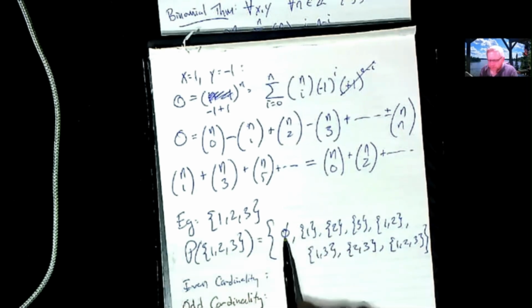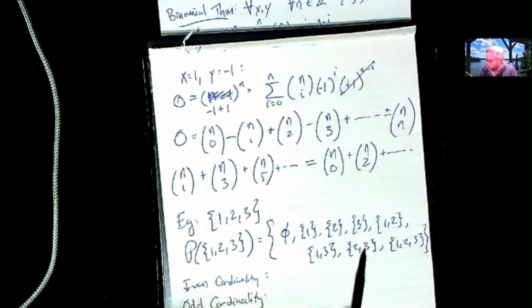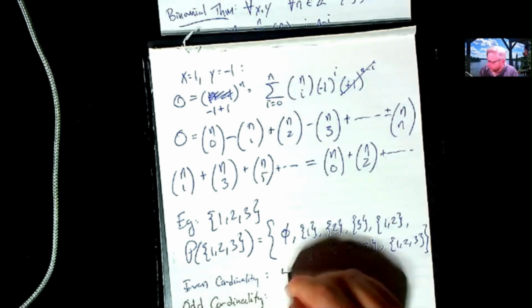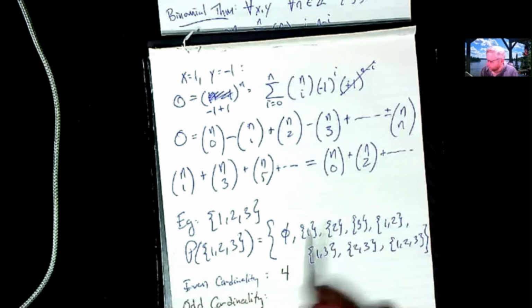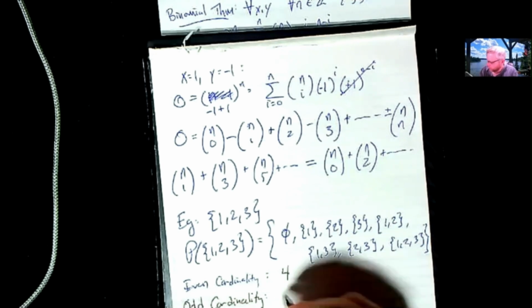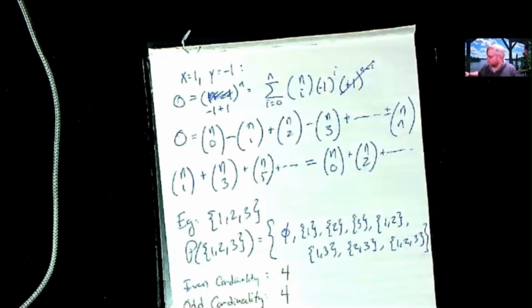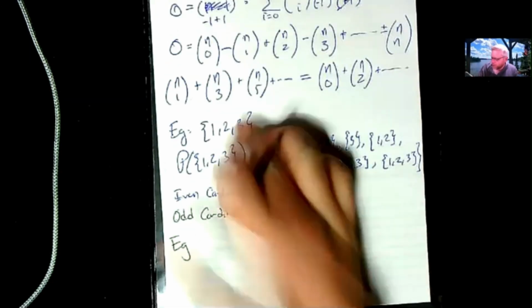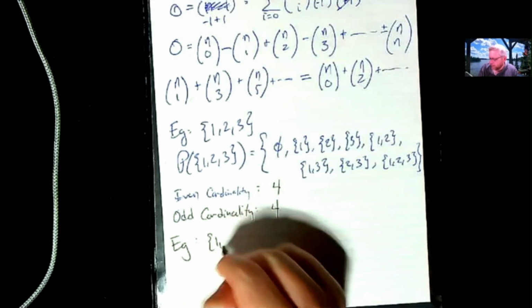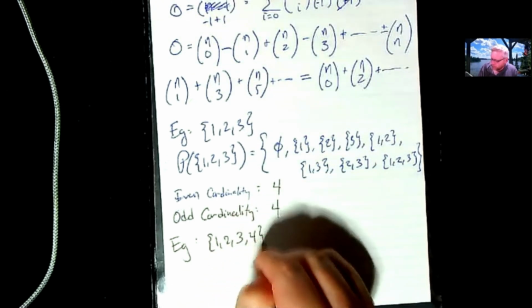Well, 0 is even, so the empty set counts as even. 1, 2, 3, 4. 4 of them have even cardinality. And 1, 2, 3, 4, including the full set itself, have odd cardinality. Let's just do one more because that might have been a fluke. We did one with an odd cardinality. Let's do the exact same thing now with an even cardinality set.